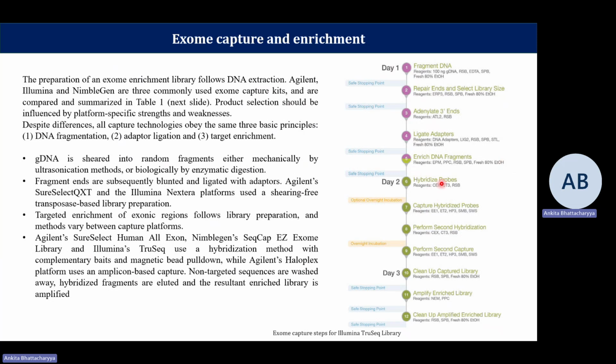Then you need to hybridize your probes of interest. You need to capture the probes that have hybridized DNA sequences of our interest. Then you need to perform another round of hybridization for more accuracy and more reliability.